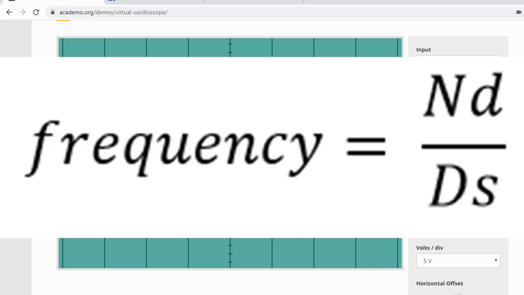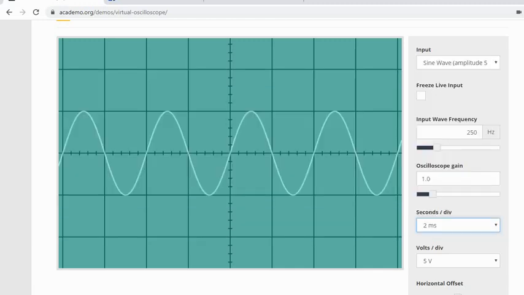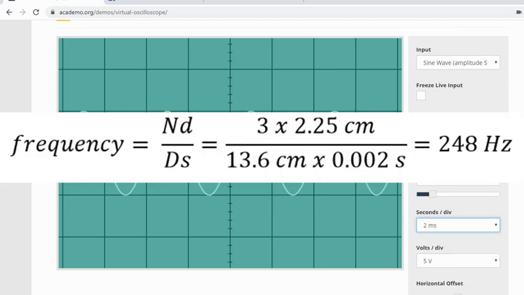And we're also going to divide by seconds, the little s, which is 0.002 seconds. So if I plug all these in, 3 times 2.25, divided by 13.6, divided by 0.002, I get 248.